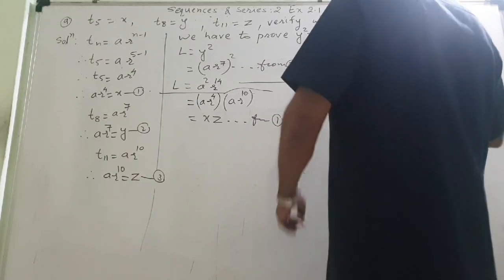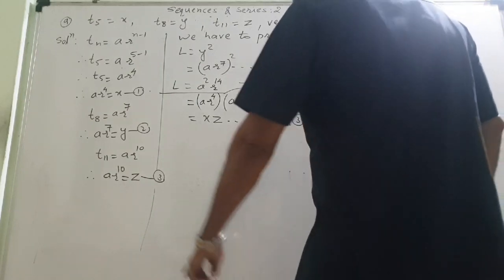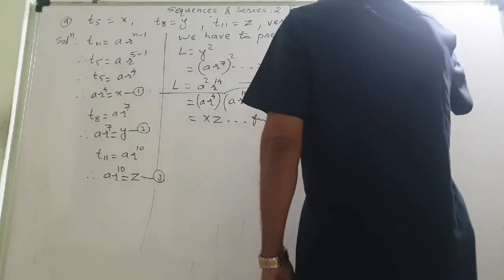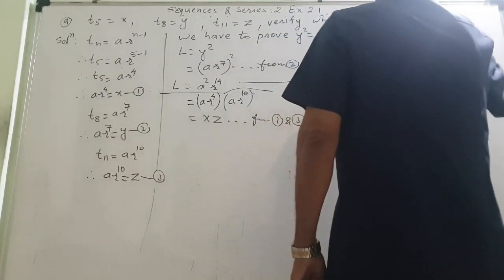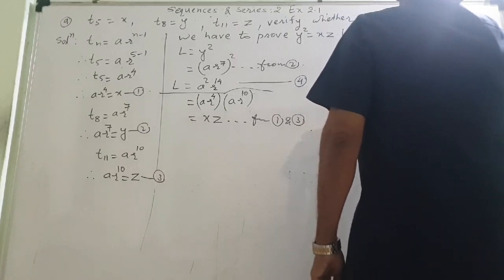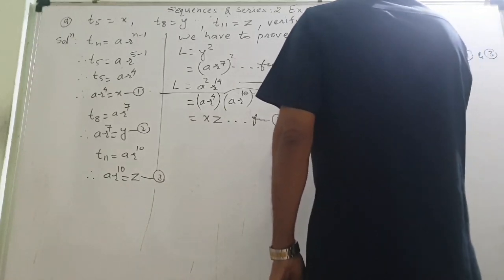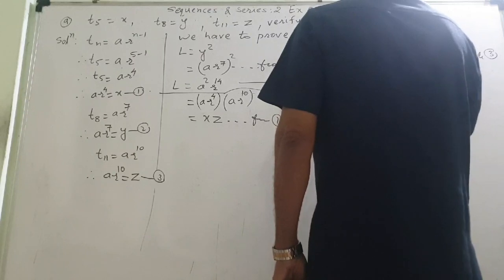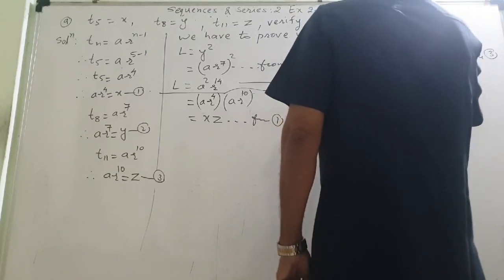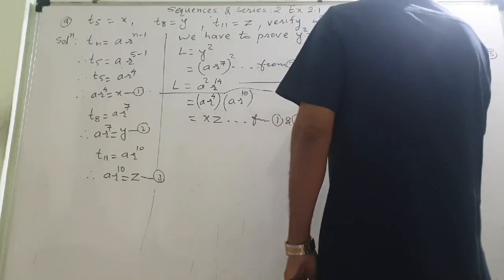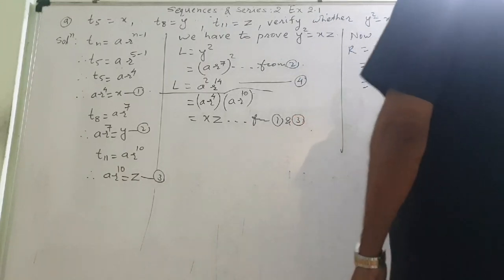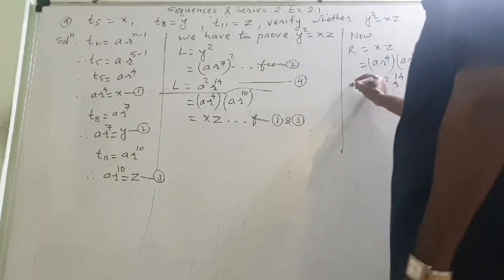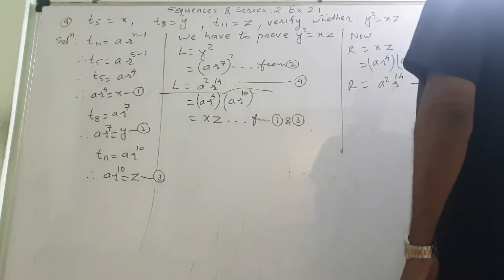Into, what is the value of z? ar raised to 10, from 1 and 3. That is equal to a into a square, r raised to 14. All this multiplication means addition of the indices, r raised to 14. This is number 5.